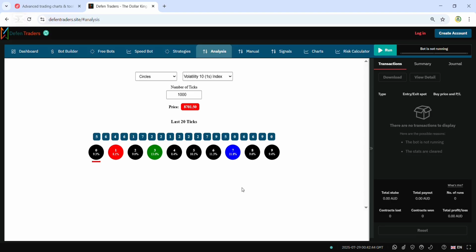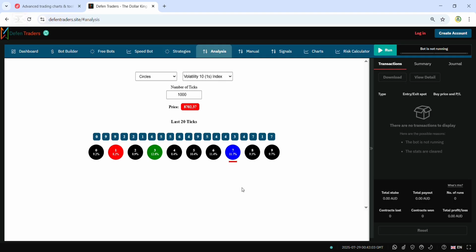So any digit different from digit 6 becomes your winning digit. You will definitely make a loss if digit 6 becomes your exit digit.